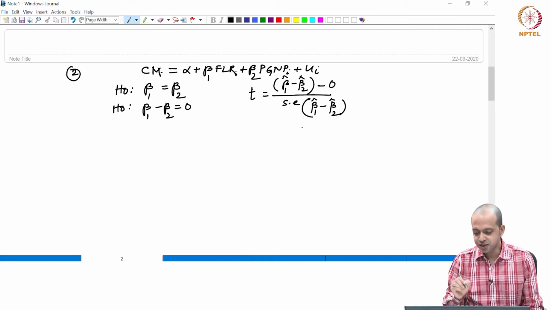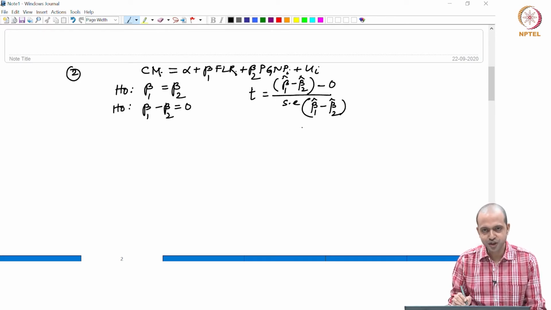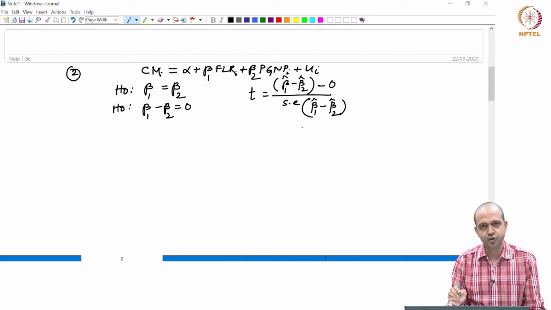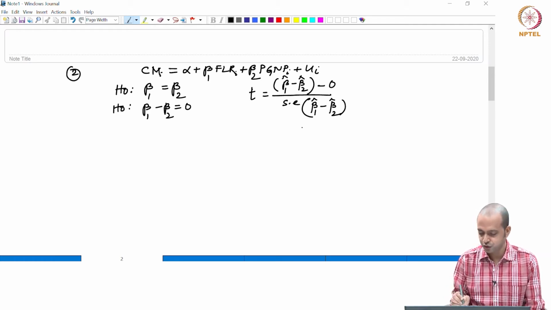And what is the standard error of beta 1 hat minus beta 2 hat? That is basically the square root of variance of beta 1 hat plus variance of beta 2 hat minus 2 covariance of beta 1 and beta 2, right.